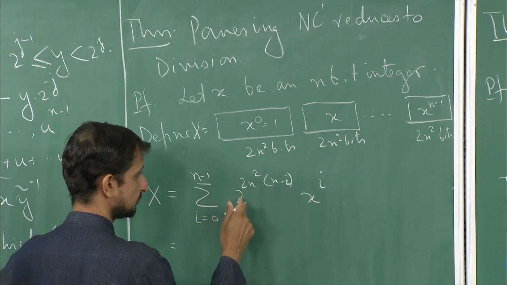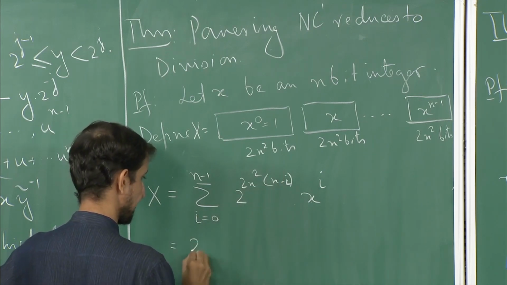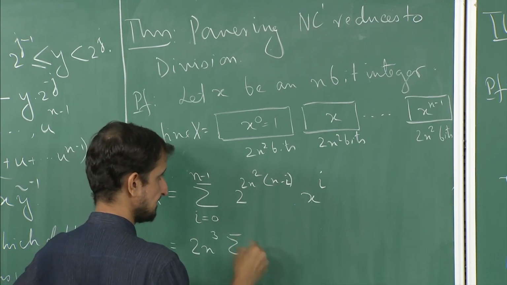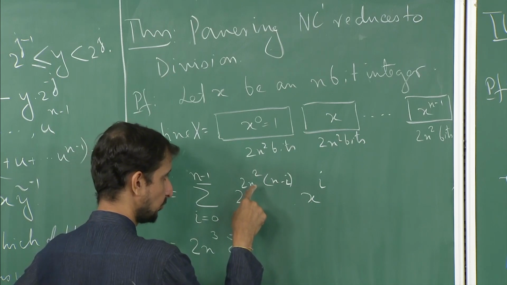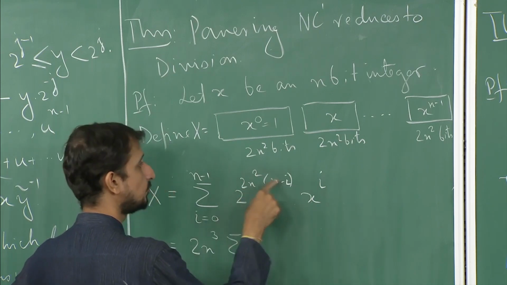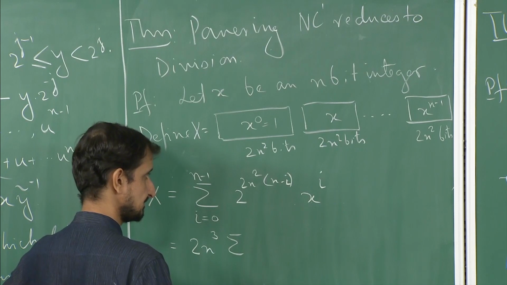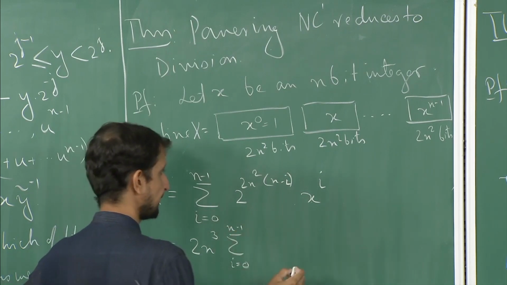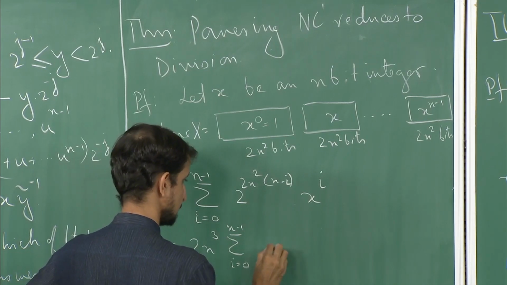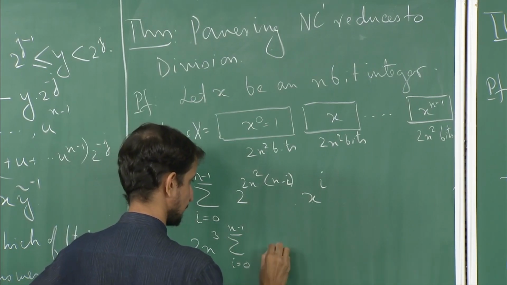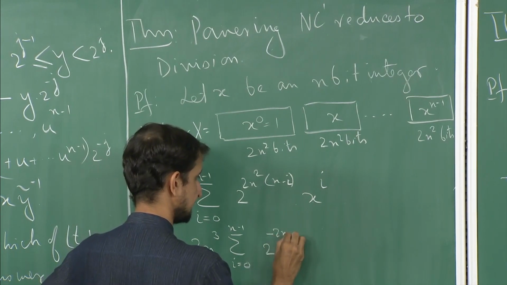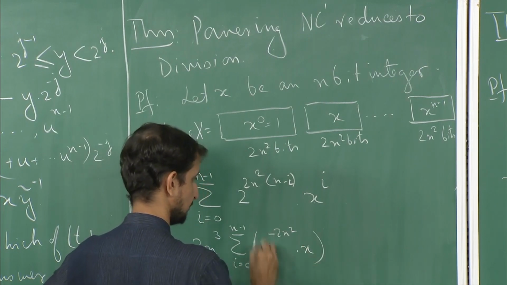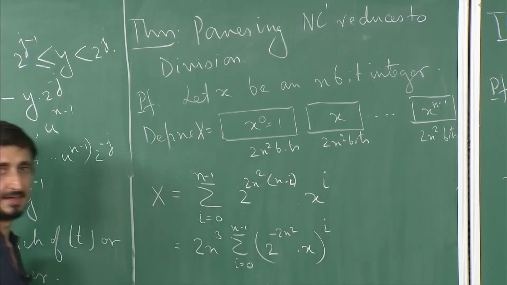The constant term is 2 to the power 2n cube, times the sum over i equal to 0 up to n minus 1 of 2 to the power minus 2n square into x, whole to the power i.